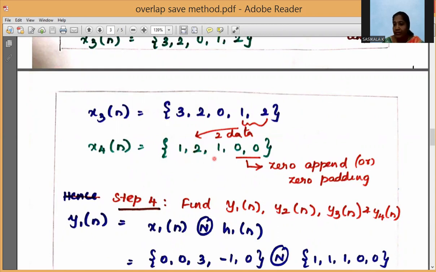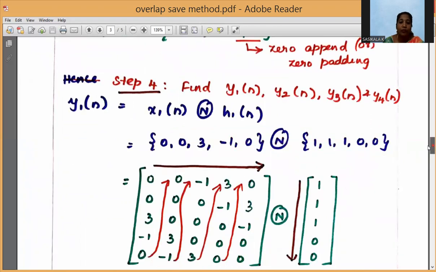But here our length is 3. But for this convolution, we need all the input sequences x1 of n, x2 of n, x3 of n, x4 of n to be of length 5. So what we need to do is add zeros at the end of the sequence, which is called zero padding. So x4 of n will be 1, 2, 1, 0, 0.